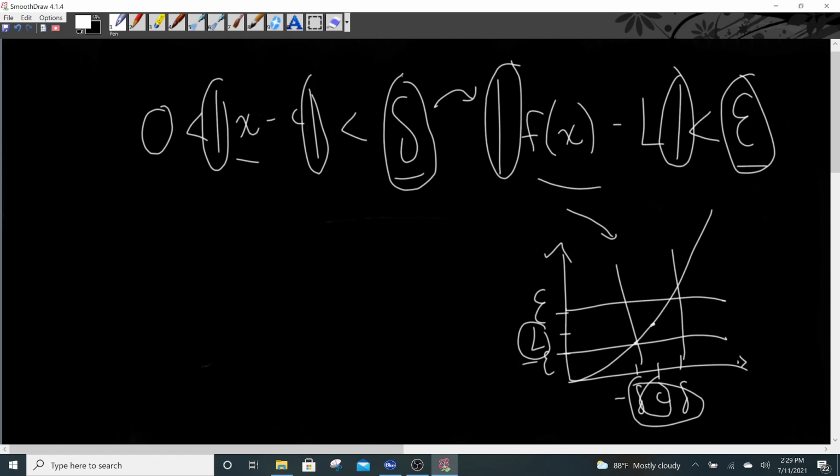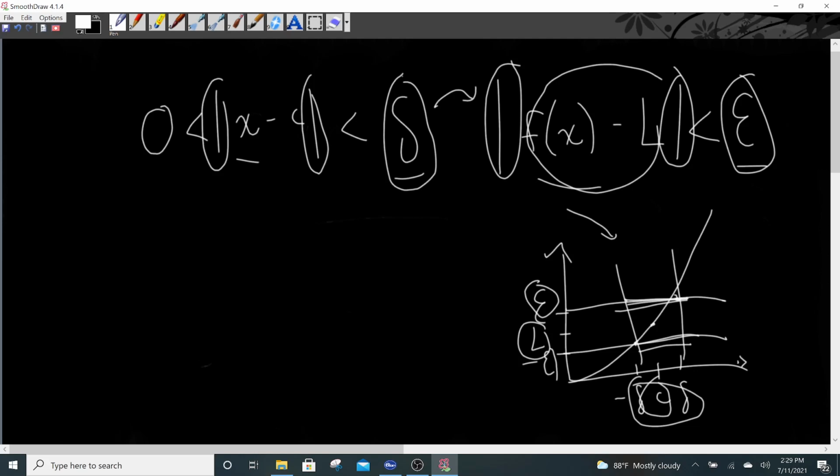we have a range between these y values, where there is a negative epsilon and epsilon. And in between negative epsilon and epsilon, this relationship between f of x and L exists.